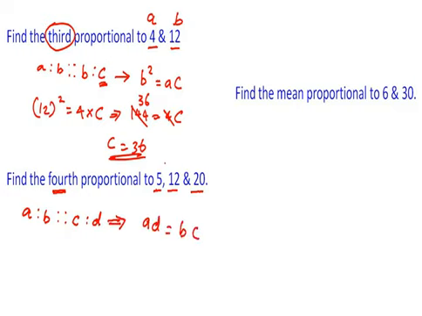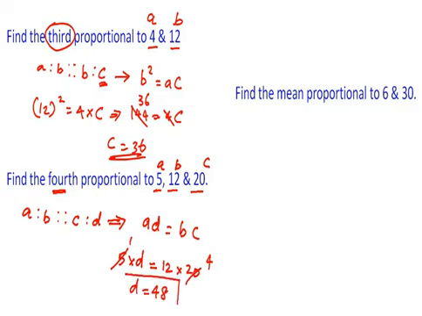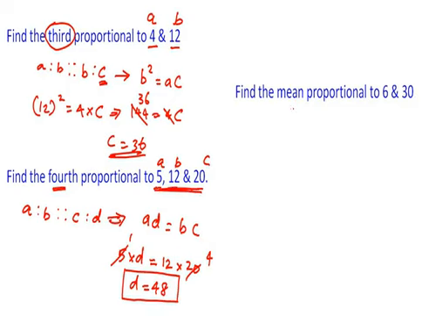And we can assume the first term 5 as A, the second term 12 as B, and the third term 20 as C. So A value is 5 times D, which is what we are trying to find, the fourth proportional, and that is equivalent to B is 12 and C is 20. Now let's simplify. So 1 5 is 5, 4 5s are 20, D is equivalent to 48. So the fourth proportional for this set of terms is 48. Let's get into the final question.